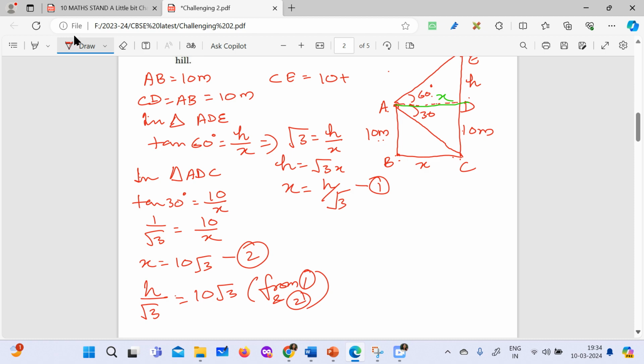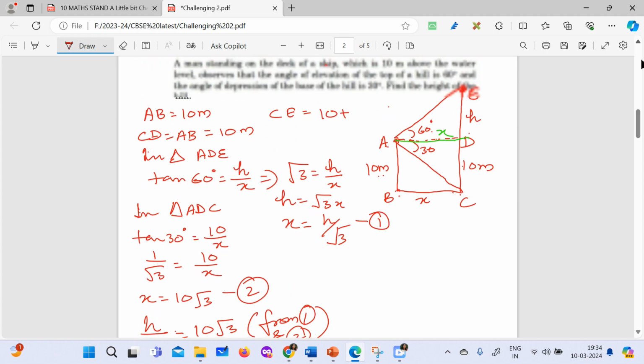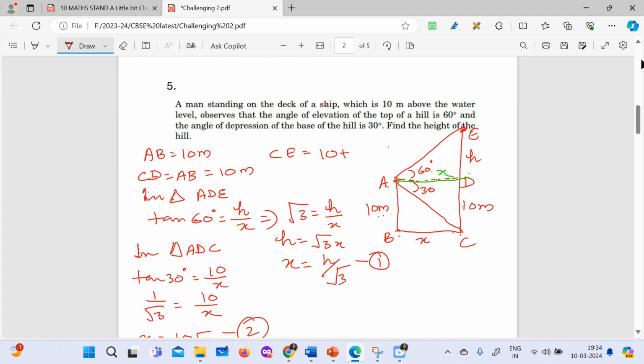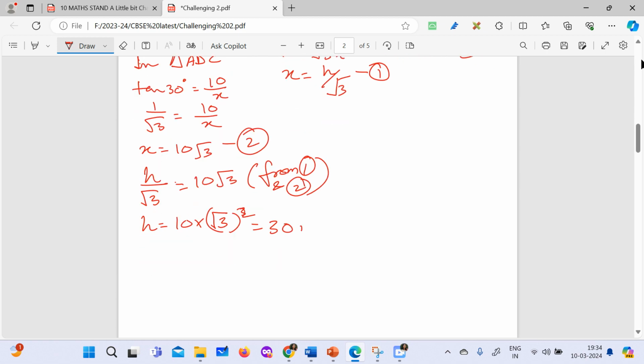You will have h is equal to 10 times root 3 square, which is nothing but 30. So we will write it as 30 meter. So you got the height as 30 meter.